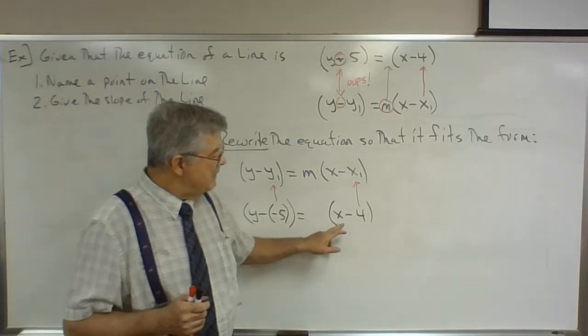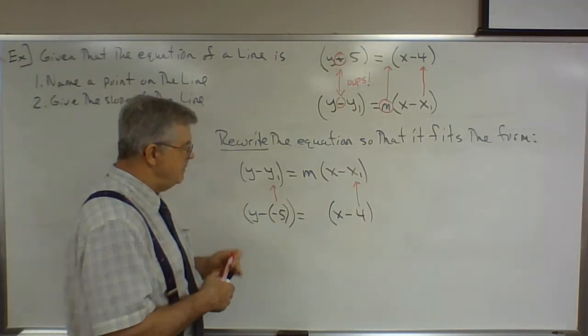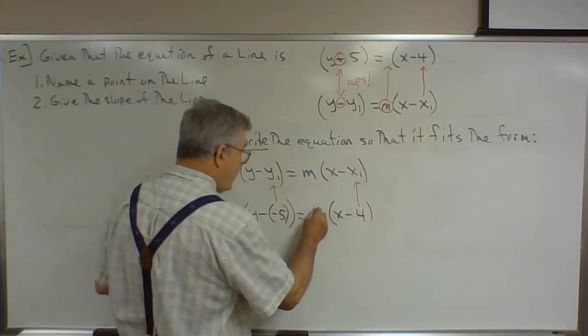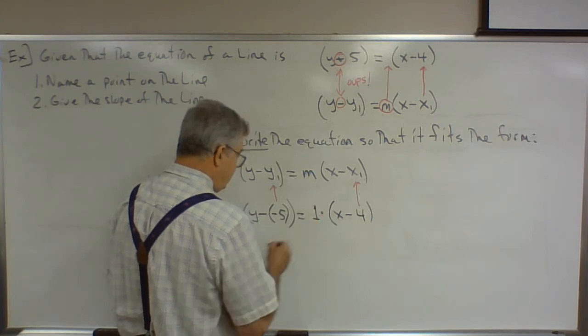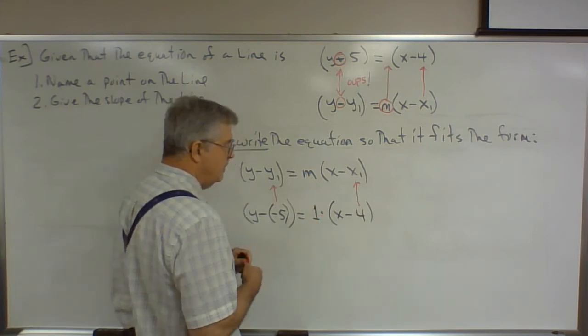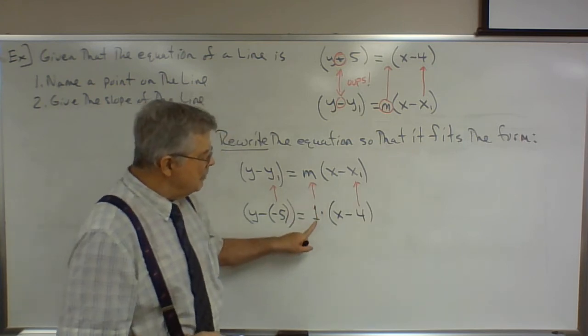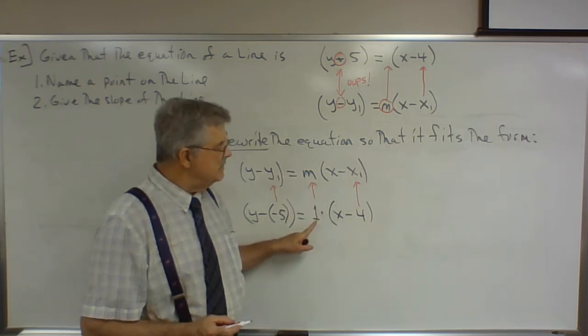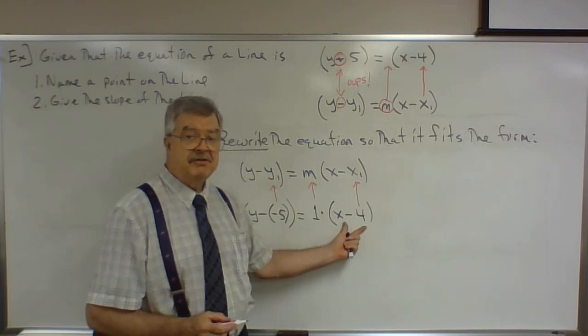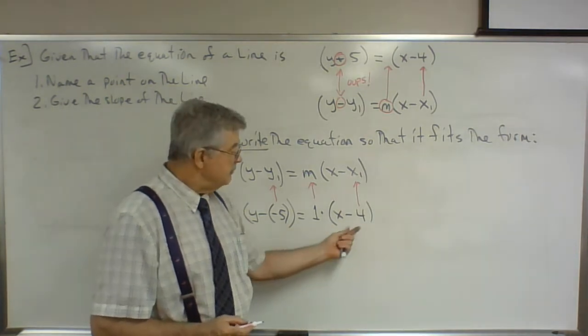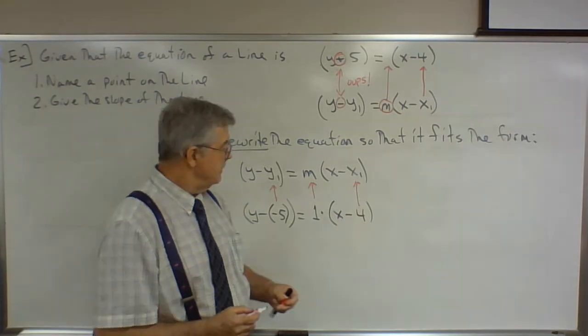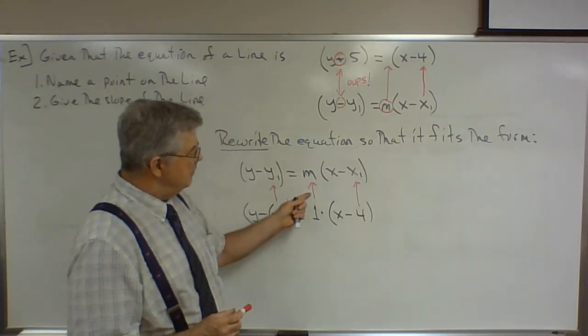And here we have x minus 4. That's the same thing as 1 times x minus 4. But usually we don't write the 1 here because 1 times, in this case, x minus 4, is just the same as x minus 4. But here's our slope.